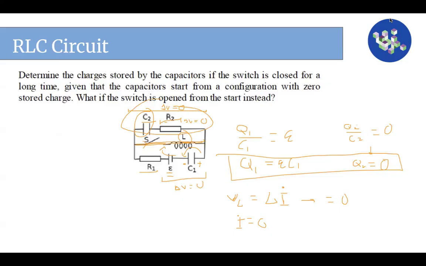This is basically a short circuit, so it's a wire with zero resistance, right? So if this branch over here had resistance, there would be no current flowing through there, okay? So basically the inductor there, because it's a steady state, has no voltage drop across it. Does that make sense?